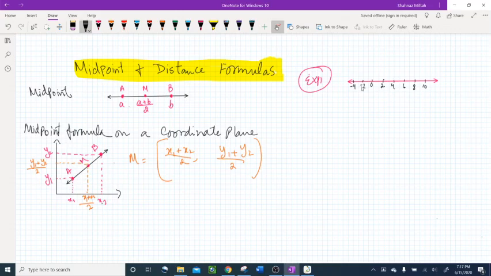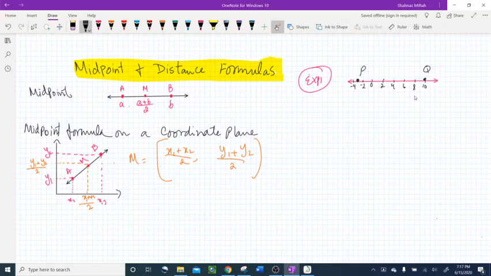I'm not drawing on scale. My points are, for example, -3, that's my point P, and I have another one on 10, and this is my point Q.